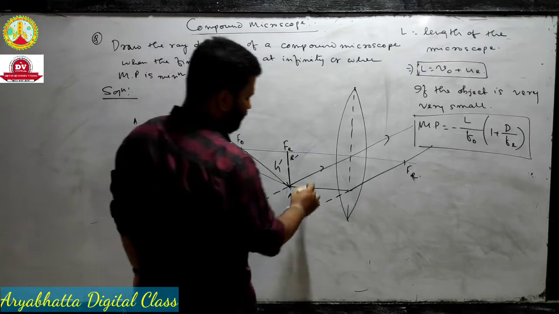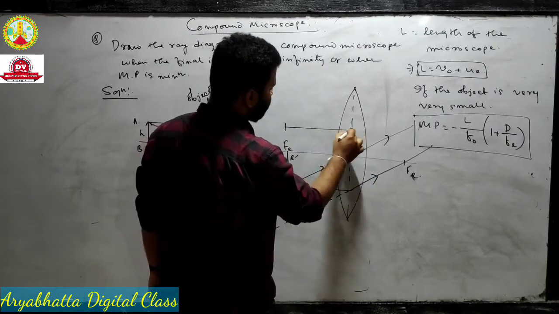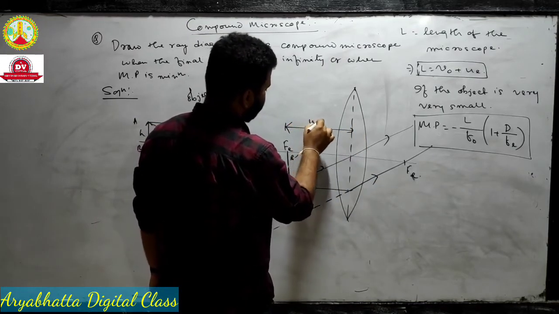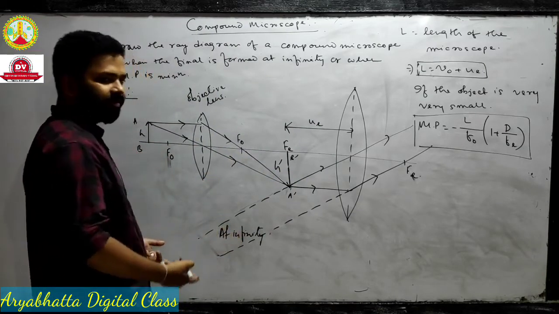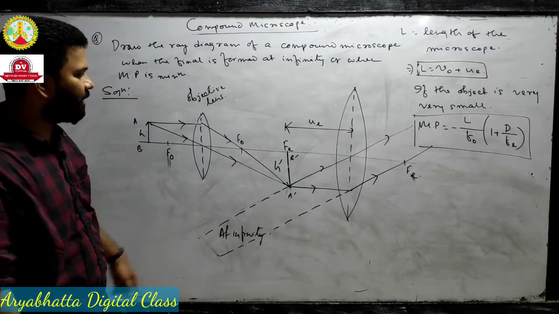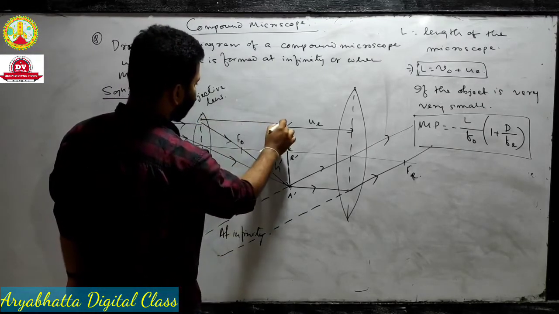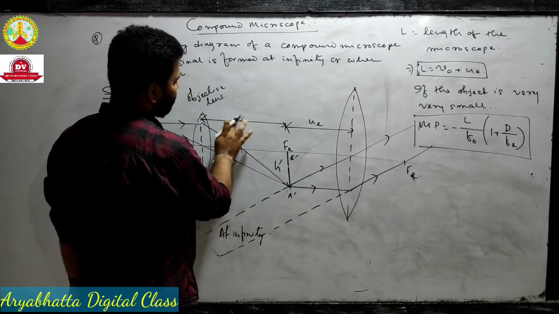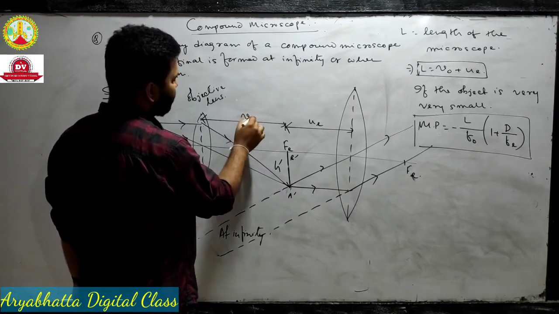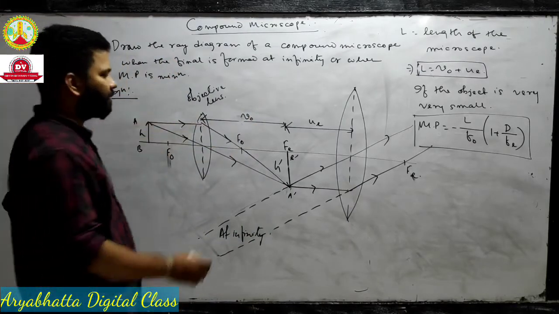This one is traveling like this. So this FE here will be equal to UE also. From infinity, V will be equal to infinity. This distance from here to here is equal to V naught, the image distance of the image produced by the objective.